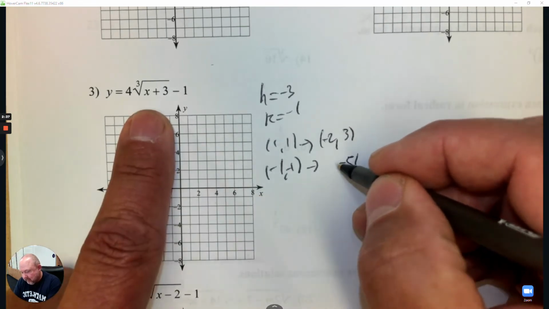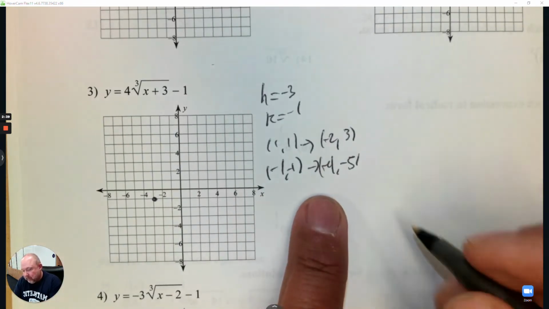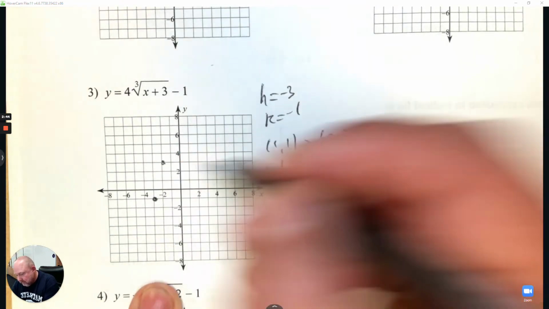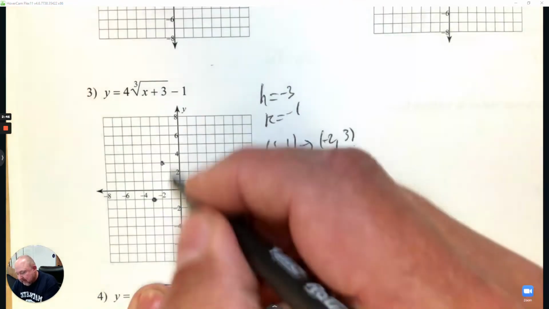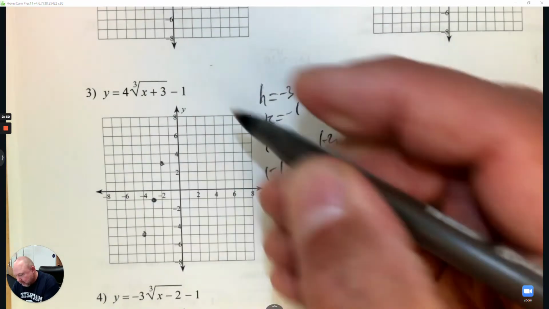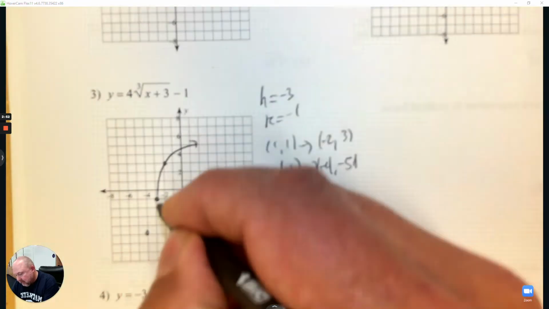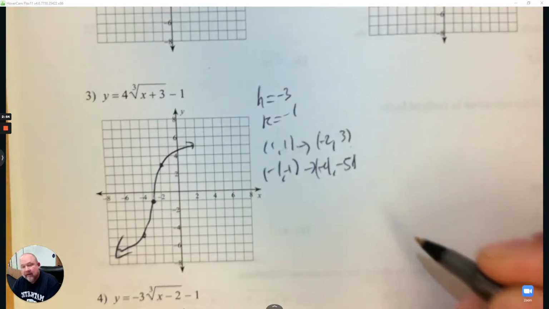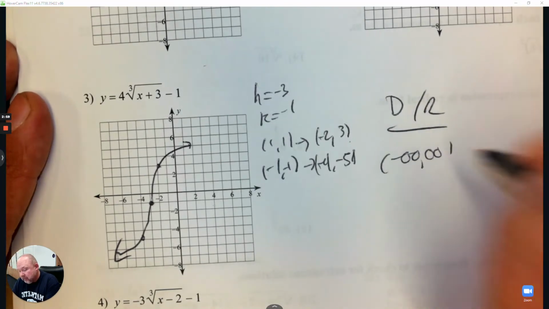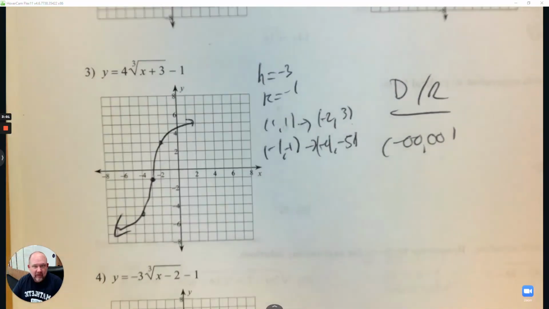This is -1, take away 3. So we take those points: -2, 3, and -4, -5. And then it curves this way, curves that way, and you have the curve. The domain and the range for a cube root is all real numbers, and it doesn't change.